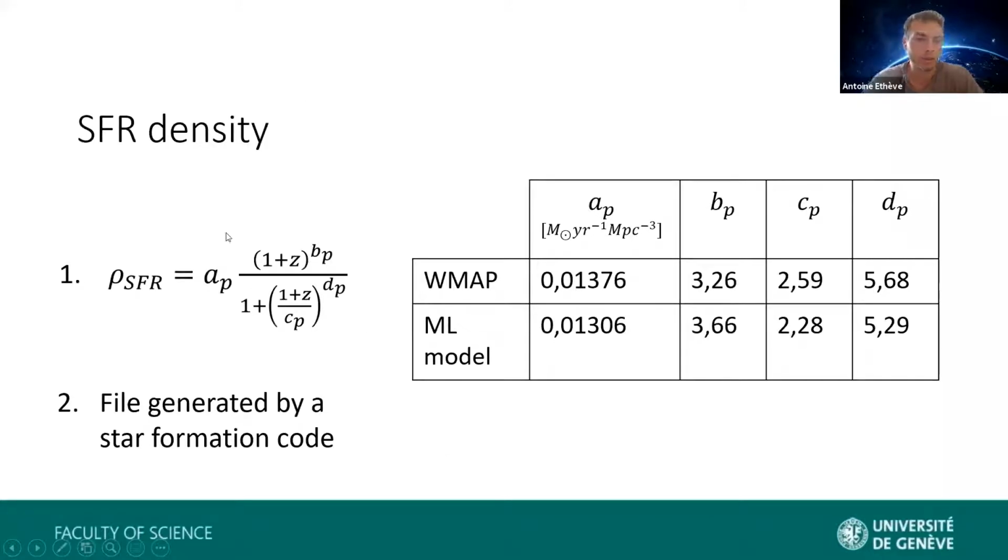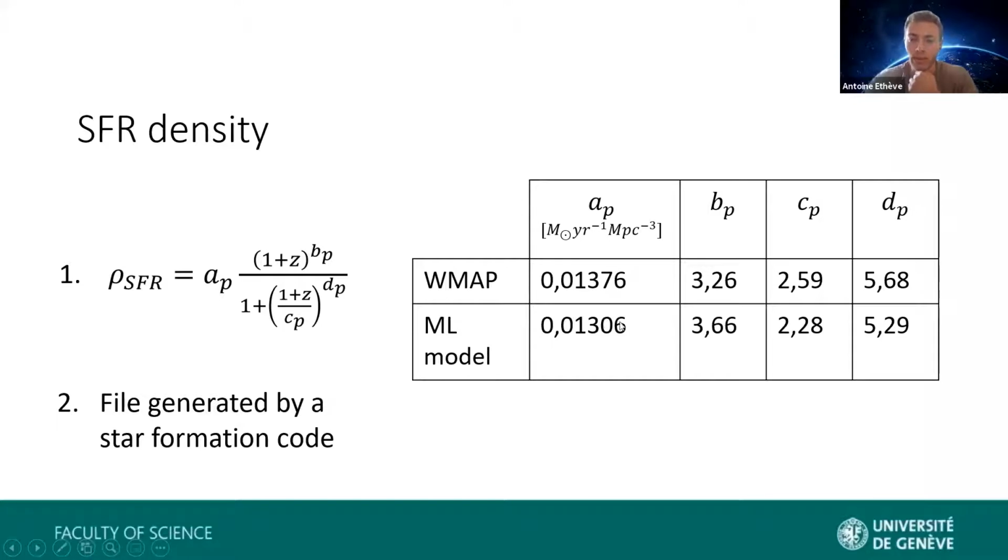Now that we have the redshift, we can compute the star formation rate density. This is the formula that Robertson used in his paper. It's a 4-parameter fitting function that we have to fit to observations. We will use 2 sets of observations, one from the Wilkinson Microwave Anisotropy Probe, and one from the Planck collaboration, that we will refer to as the maximum likelihood model.